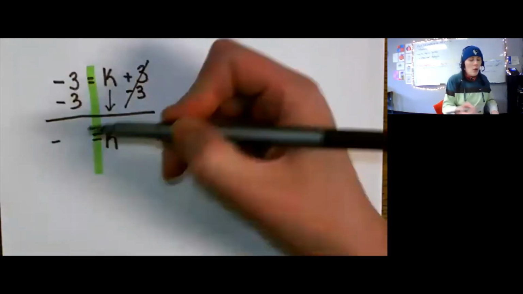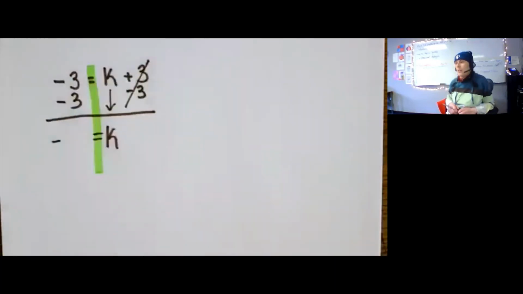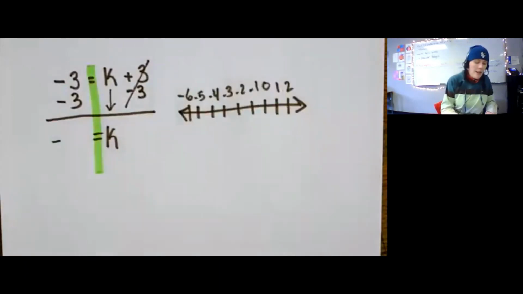I've noticed that a lot of people get confused when we subtract from a negative number because we've been taught this rule: when you multiply two negatives, you get a positive. That is multiplication. If you subtract from a negative number, such as -3 minus 3, it does not make the number positive. In fact, you have a negative number.